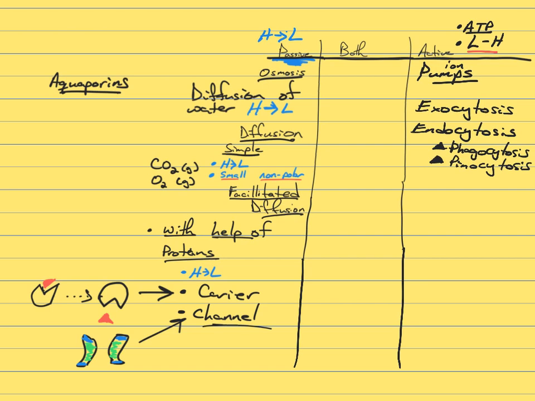So what do they have in common? They have movement across the membrane. And that's pretty much all they have in common. I mean, if you think about it, one requires energy, the other one doesn't. They're both moving across the membrane or changing the membrane to get the substance in or out of the cell.